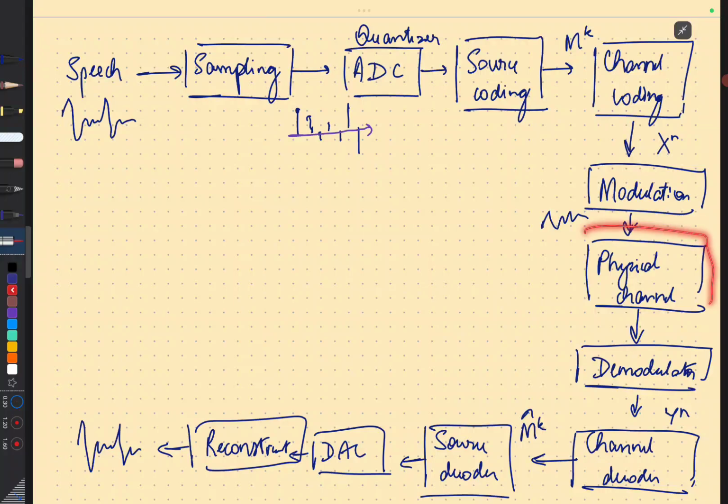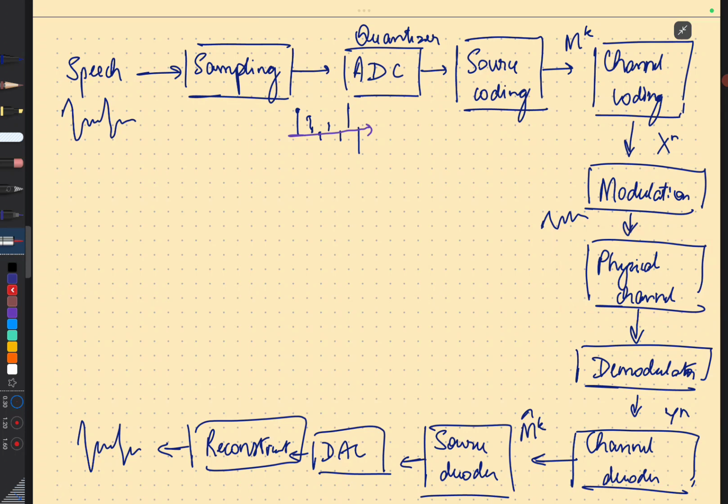Now, this physical channel is something that takes as input a signal. You think of it as some kind of a black box, which takes the signal that is transmitted from the antenna and outputs another signal which comes to the input of the receiver antenna.